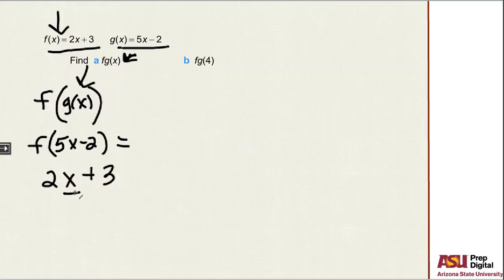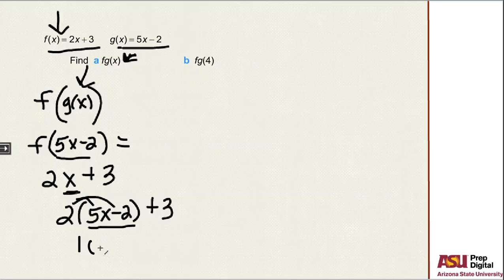So now I'm going to replace the x with my input, just like if I were doing a number. So this becomes 2 times (5x minus 2), plus 3. Again, this part right here is replacing the x, that's my input. And I'm going to go ahead and simplify.